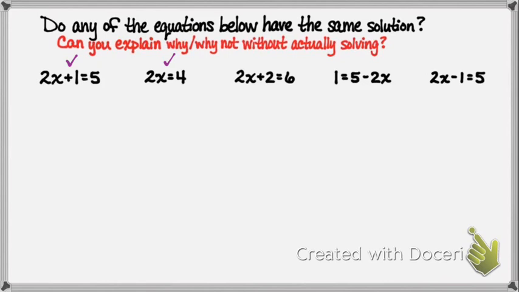What could I do to the first equation to make it look exactly like the second equation? Subtract 1. Just like this? On both sides. When you do it to both sides, guys, if you have your books with you today, open them up to pages 106 and 107.